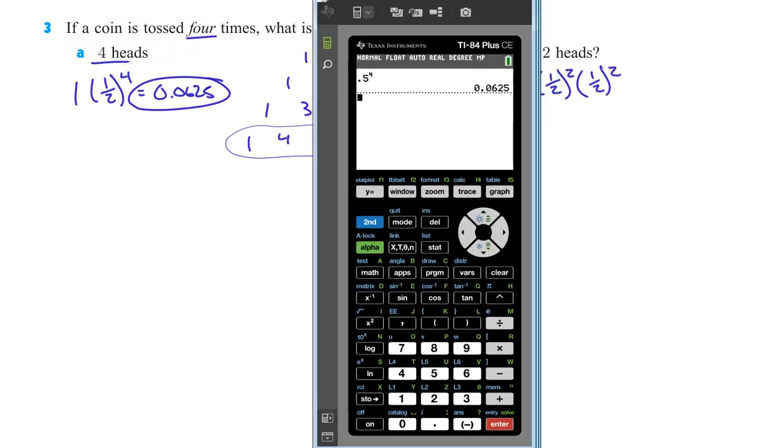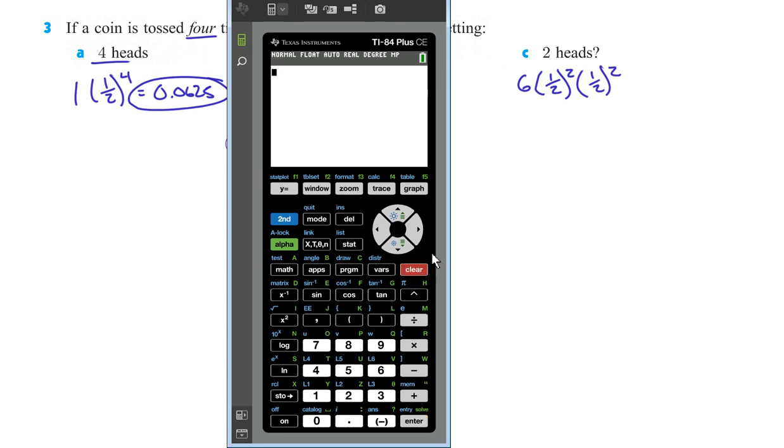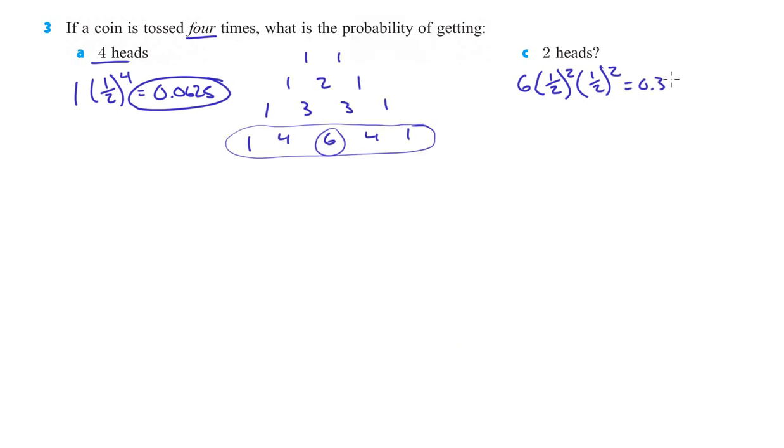Okay, so we can simply put this all into our calculator. 6 times 0.5 to the second, times 0.5 also to the second. We could have just done 0.5 to the 4th. That would have given us the same thing. And that gives us 0.375, which is also 3/8.